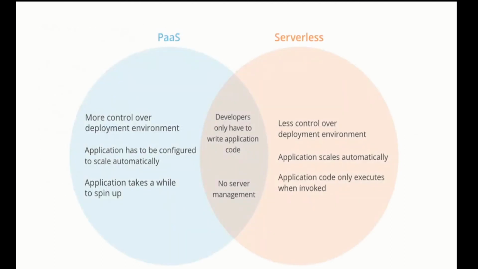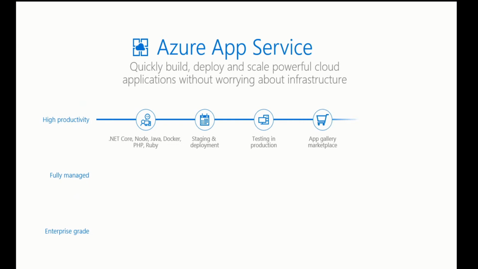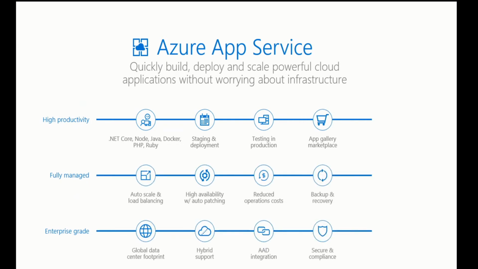So just to show you a little bit between PaaS and serverless: with PaaS you have more control over the deployment environment. With serverless, less control over the deployment environment, but you're only basically writing your code, and both have no server management. So app service, some of the options: auto-scaling, enterprise-grade environments.